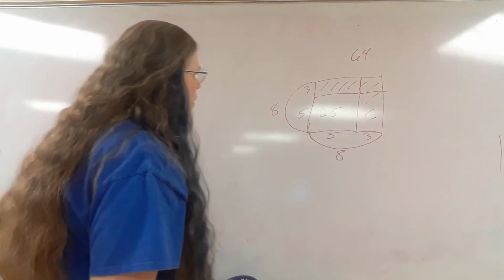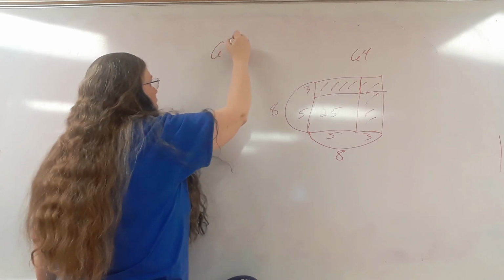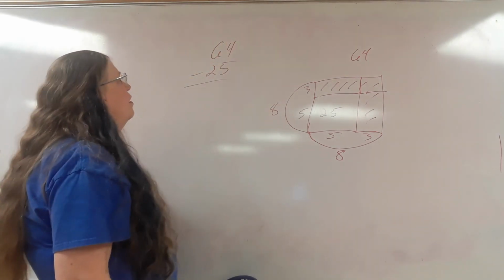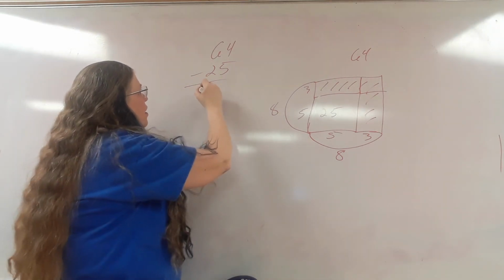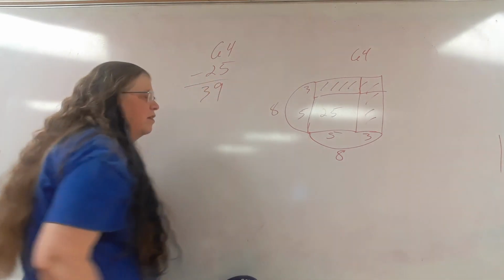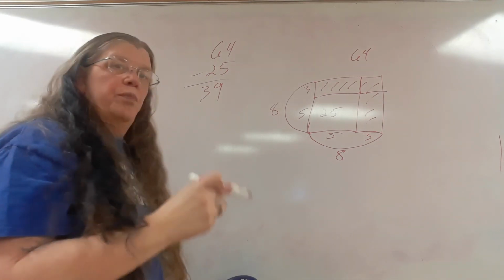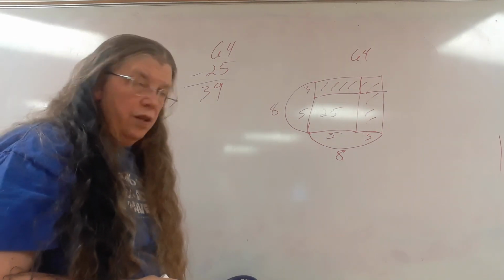Okay? 64 minus 25 is 39. So 39 square centimeters were added, which is bigger than the stamp was itself to start with.